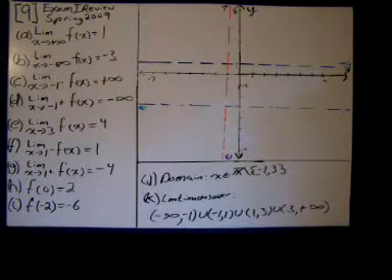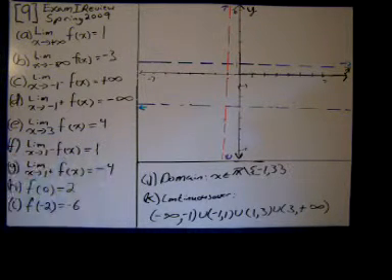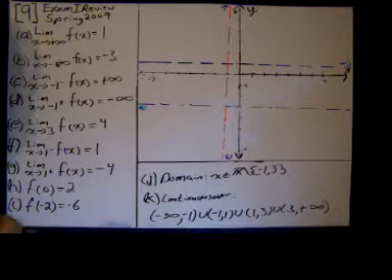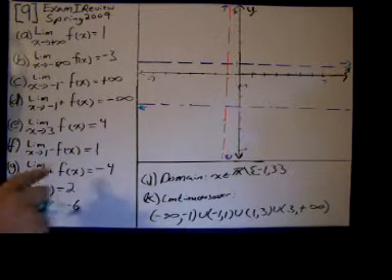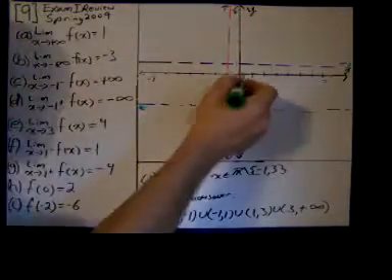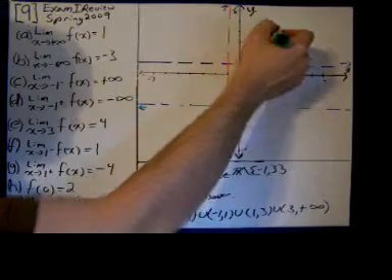And then we go to the next property, which is as x goes to 3, f of x is 4. I'm going to use green. That means that the y values tend to the value positive 4 as we come in to the x value 3. So that's 1, 2, 3, and 1, 2, 3, 4.